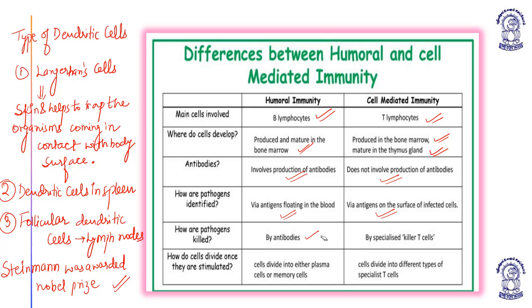By the production of antibodies, or by specialized killer T cells or cytotoxic T cells. How do cells divide once they are stimulated? Cells divide into either plasma cells or memory cells, or into different types of specialist T cells.